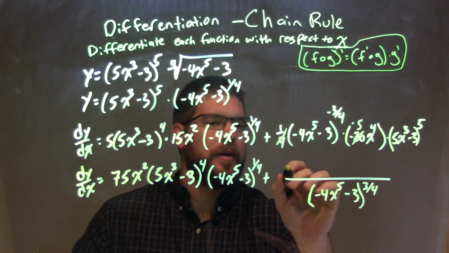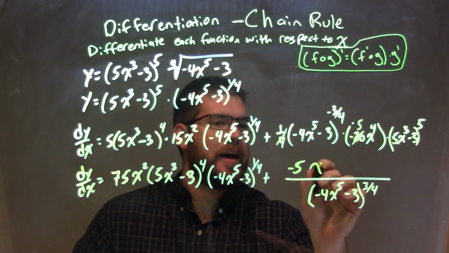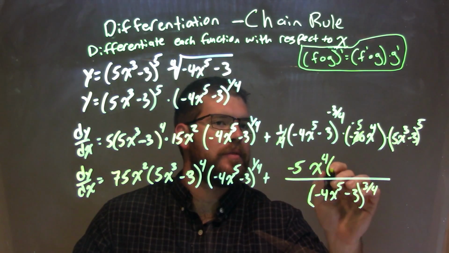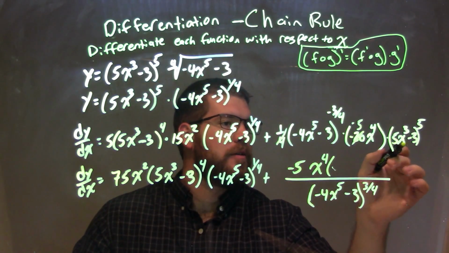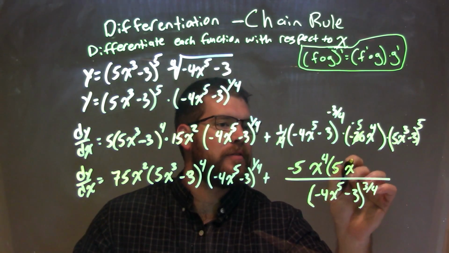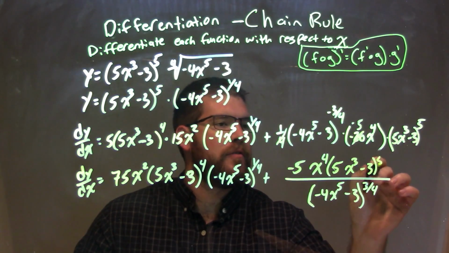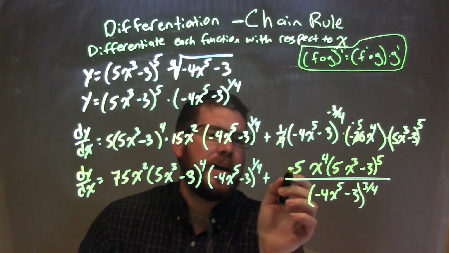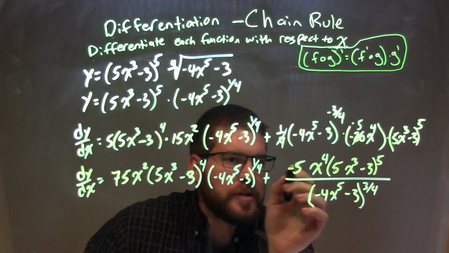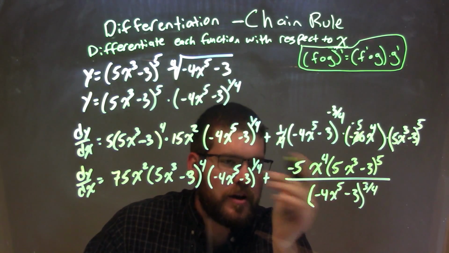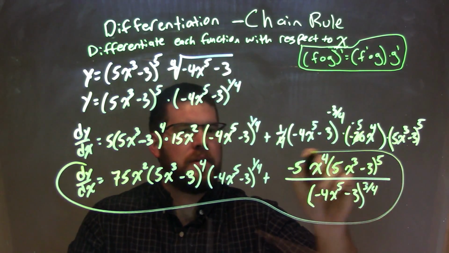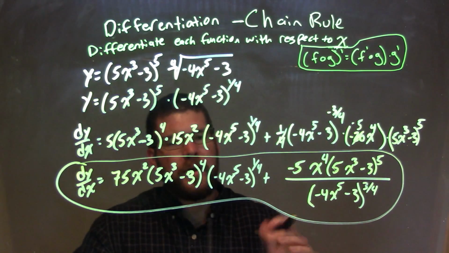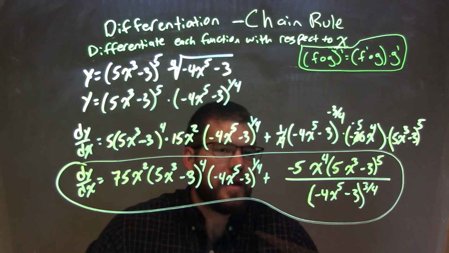So I'm going to put that out front, negative 5x to the fourth times, we already brought this part down, just this part here, 5x to the third minus 3 to the fifth power. Now that negative, some people will rewrite this to be subtraction. We have plus and negative, both are the same, it really doesn't matter. And at this point, I'm pretty much done with my simplification.